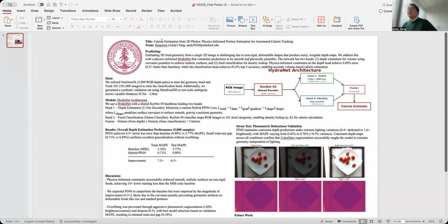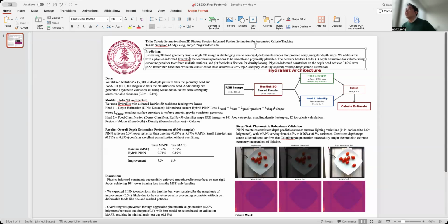The title of this project is Calorie Estimation from 2D Photo, Physics-Informed Portion Estimation for Automated Calorie Tracking. There are many apps that take a photo of food and estimate calorie from that picture. The challenge is still the inaccuracy of that estimation.